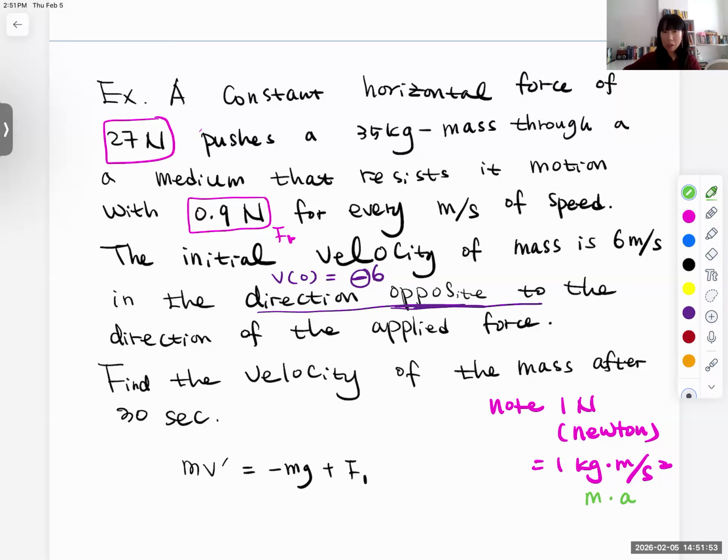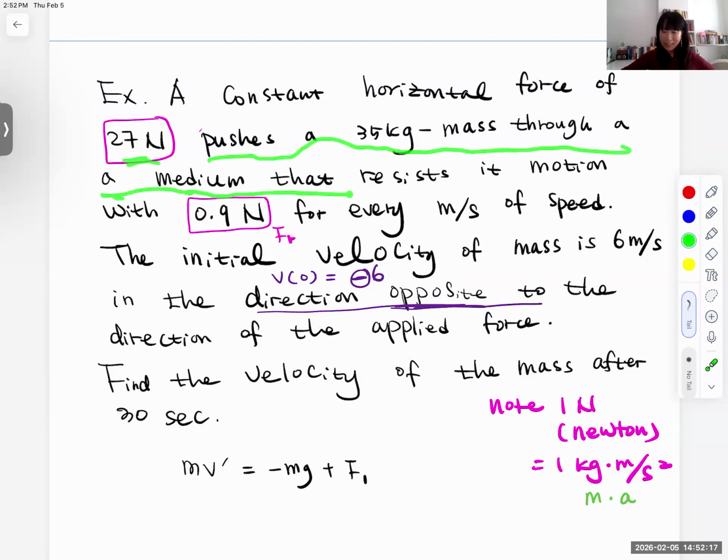That is the unit of force, which is Newton. Clear?